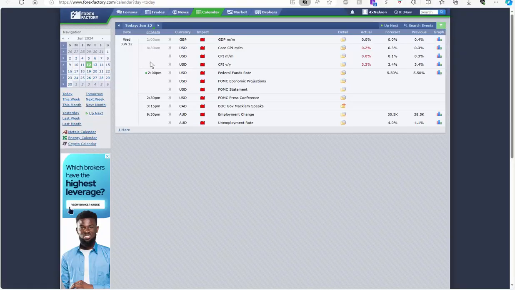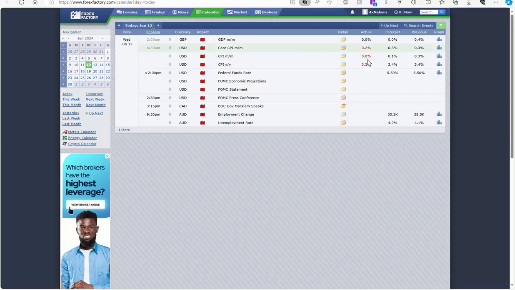Here it is right here at Forex Factory, Wednesday, June the 12th, 8:30 a.m. It's the core CPI, month over month and year over year. And just in case you didn't know, most times core CPI will move the market.